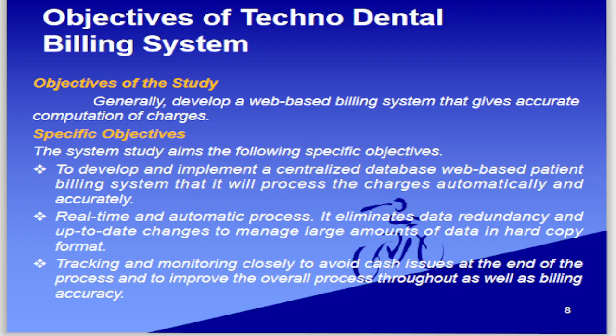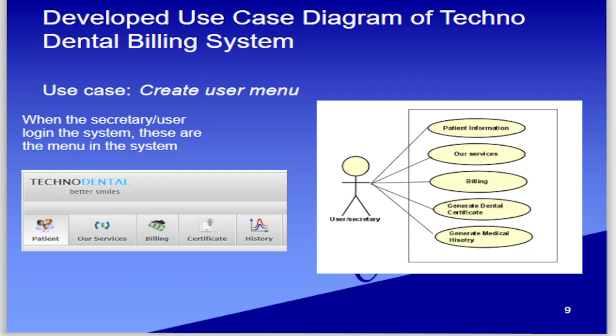So, with this problem stated, we have the use case diagram. When the secretary or the user logs in to the system, these are the menus in the system. As you can see, there are patient services or our services, billing, certificate, and history, which are added features of the system.